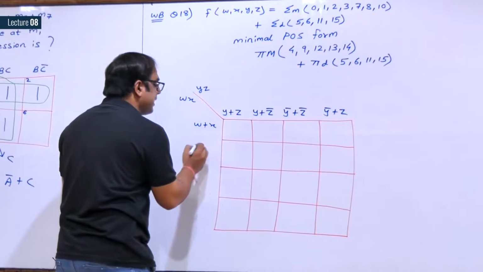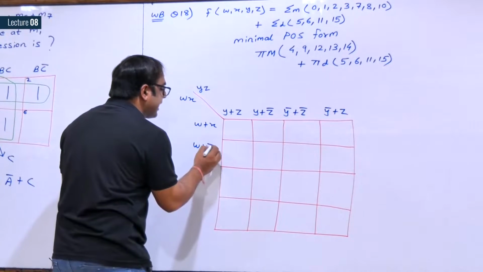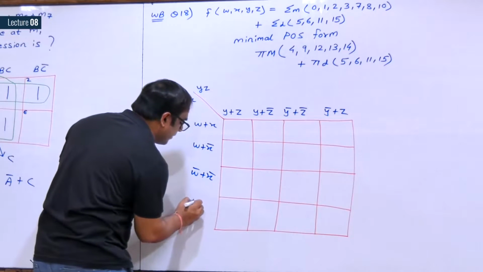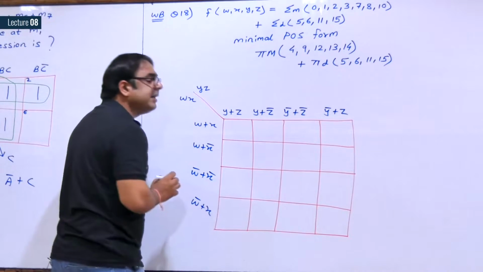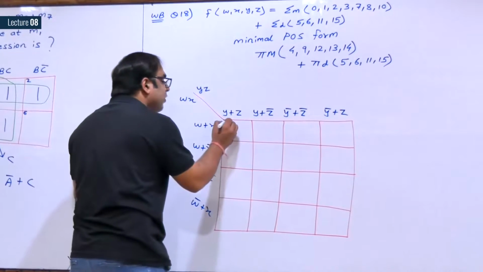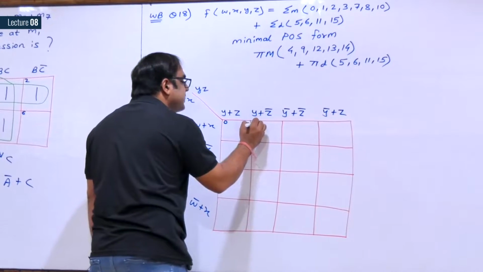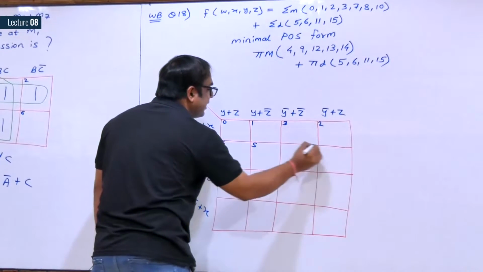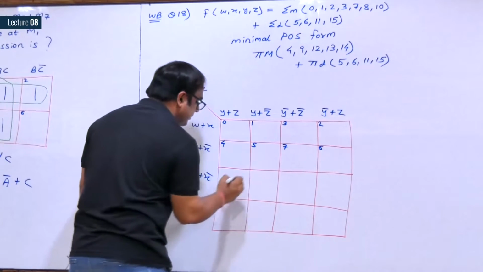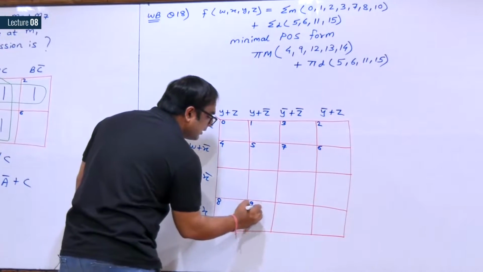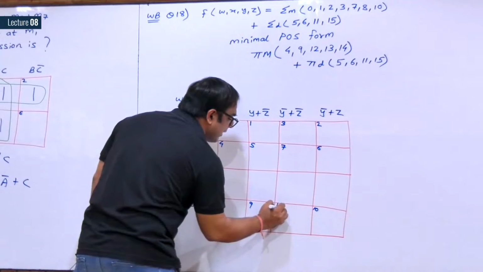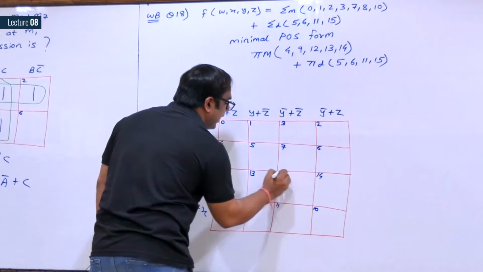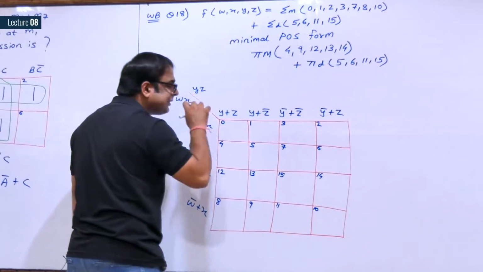W plus X, W plus X complement, W complement plus X complement, W complement plus X. Now come to the cell numbers: 0, 1, 2, 3, 4, 5, 6, 7, 8, 9, 10, 11, 12, 13, 14 and 15. These are your cell numbers.